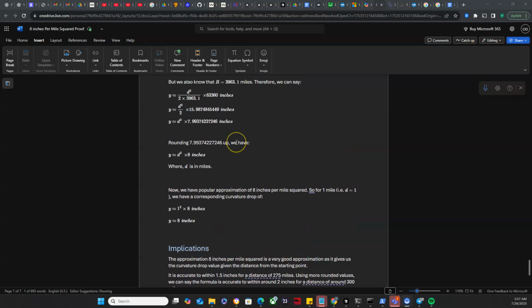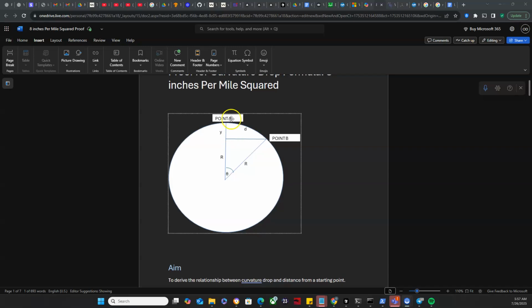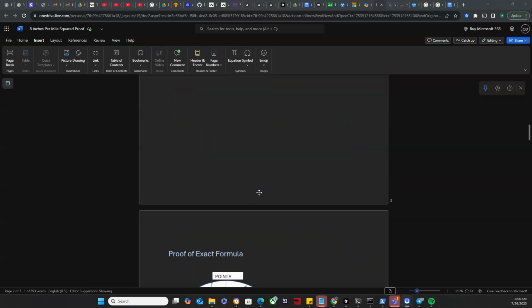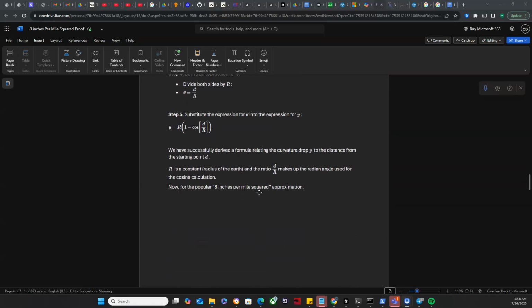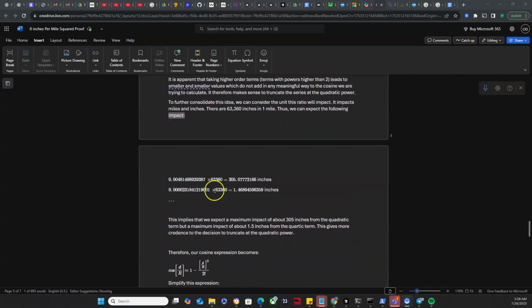So if your d here is 300 miles, then the curvature drop that you calculate using the formula will be accurate to within 2 inches. And I think that's pretty good. That's a pretty good approximation. And how did I reach this conclusion? It was because of this calculation that we did here.